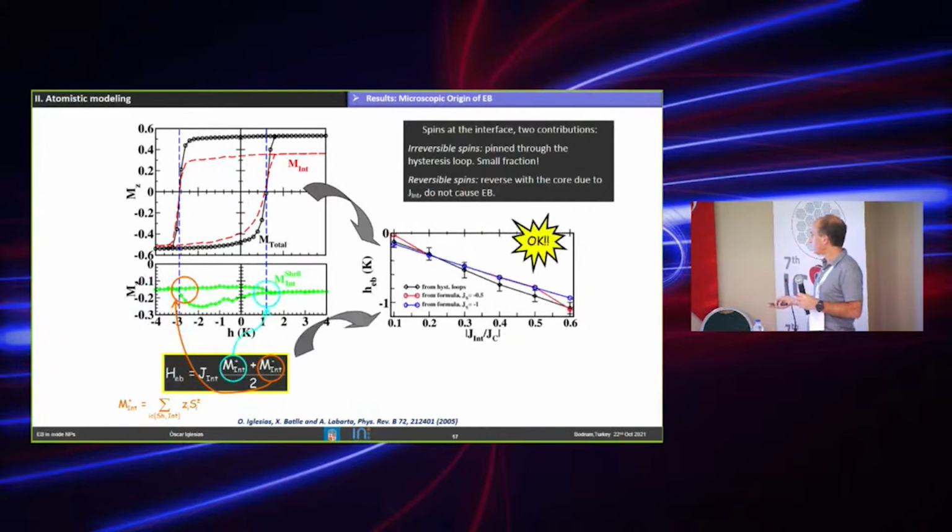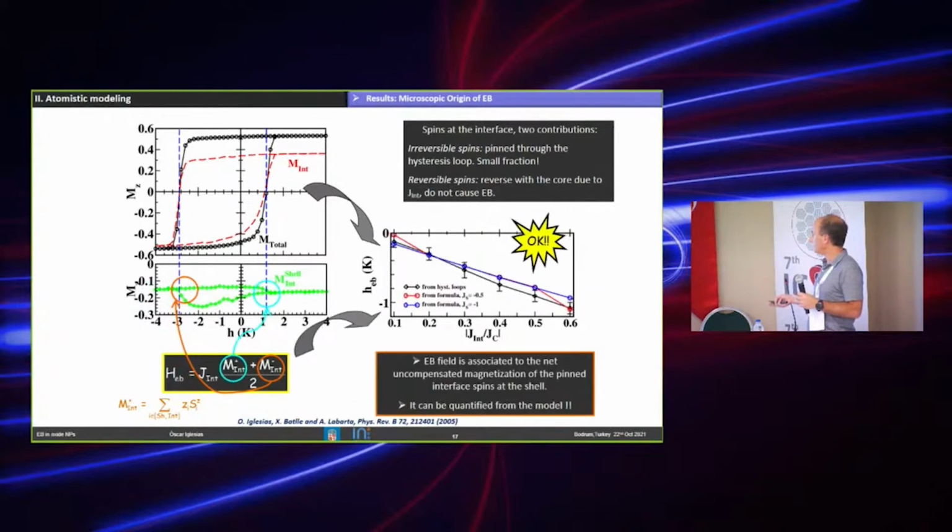Okay. So there's a clear indication of this origin. If you compute the magnetizations, you can quantitatively deduce the exchange bias field by computing the magnetization of these two hysteresis loop branches and comparing the result with the loop shift itself, as a function of the exchange interaction.